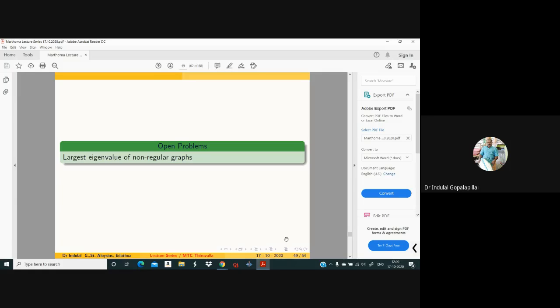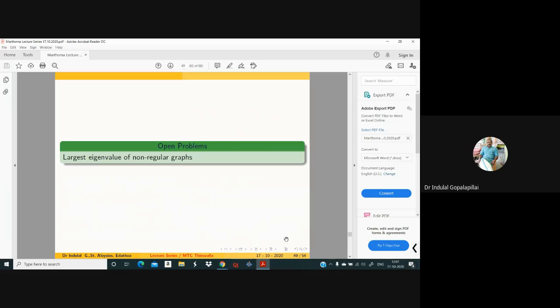Or, what is the largest eigenvalue of a graph having a particular property P? Suppose the graph is Eulerian. How does this property get reflected in the largest eigenvalue of that graph? If the graph is Hamiltonian, can we say anything about the largest eigenvalue depending upon the Hamiltonicity of this graph? If the graph has certain cut vertices, how is the largest eigenvalue reflected?